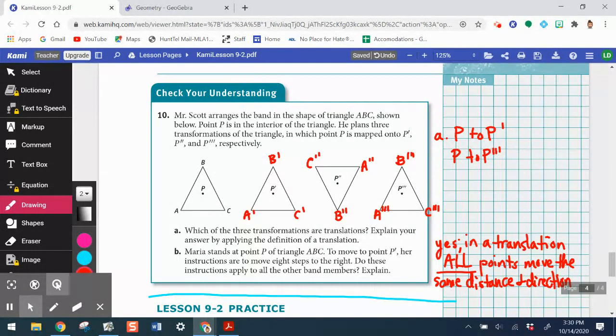So the main reason I wanted to speak through this check your understanding with you is if you notice, what we're looking at here is the addition of these apostrophes. So after every transformation, B really does move to this point. And so to represent that, to show you where B ends up, we use that B apostrophe or B prime.